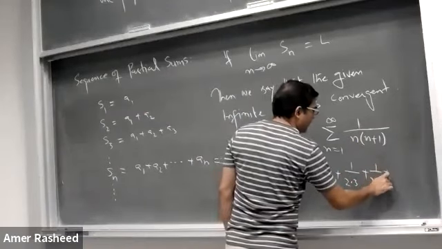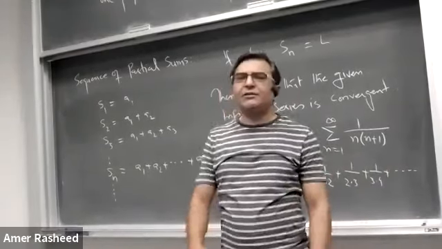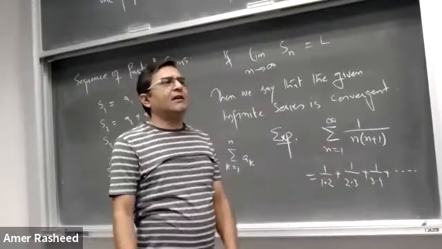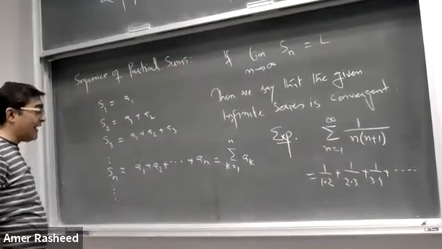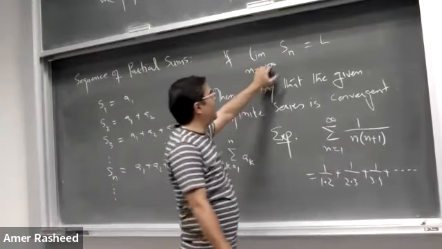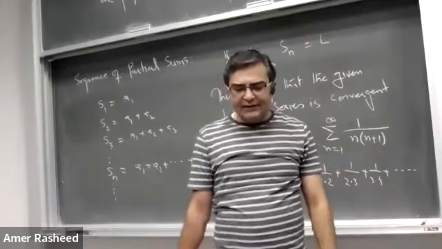So this is an infinite series, and we need to know whether it is convergent, meaning whether it has a finite sum or not. The method is to construct a sequence of partial sums and then take the limit of the nth partial sum as n approaches infinity. If this limit is finite, then we say that this series is convergent.